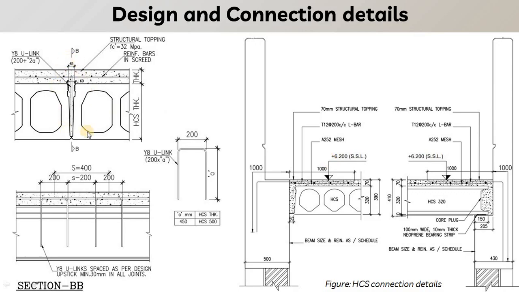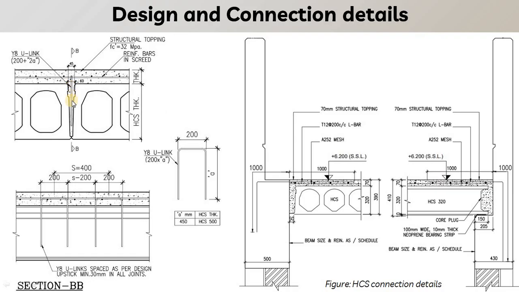So here you can see this is the joint consideration. For the joint, a special kind of reinforcement bar, or we can say a bent bar, is used between the joints of the hollow core slab. Here you can see there is a V groove in which the concrete has to be poured, or in special cases the grout is used to fill this part.